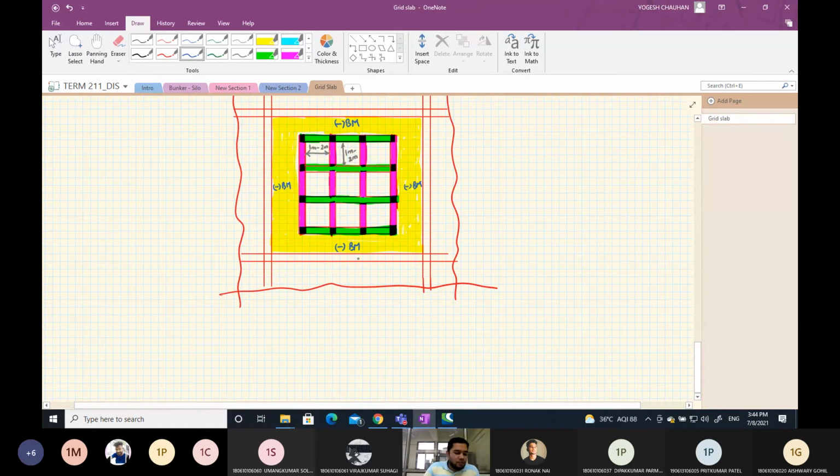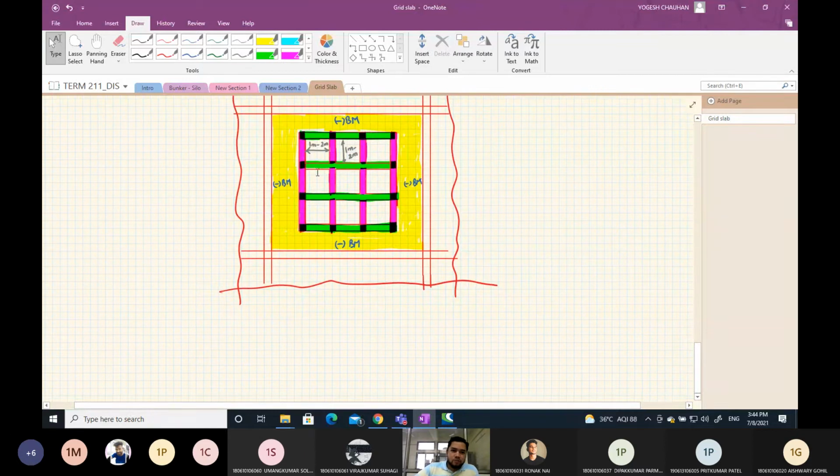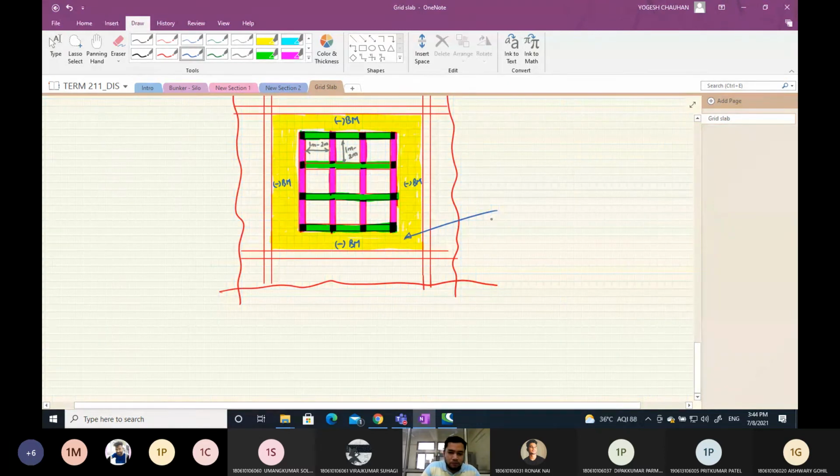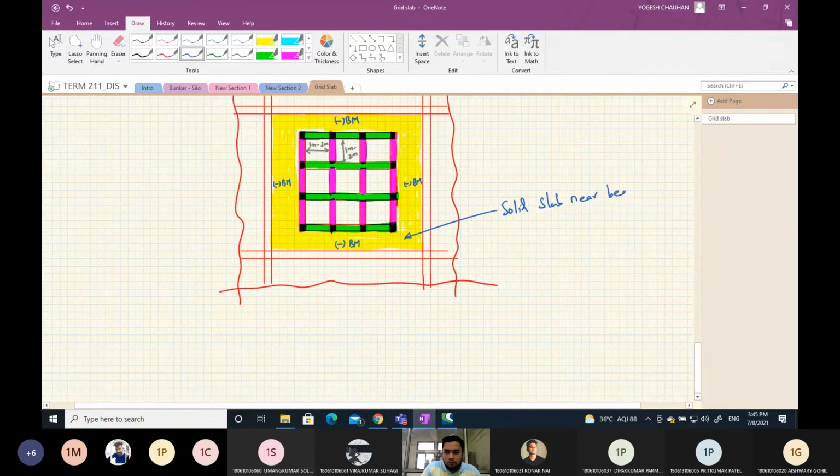Such a combination can also be done if the negative bending moment is more. So here we provide the solid slab near the beams, and these are the grid slab.